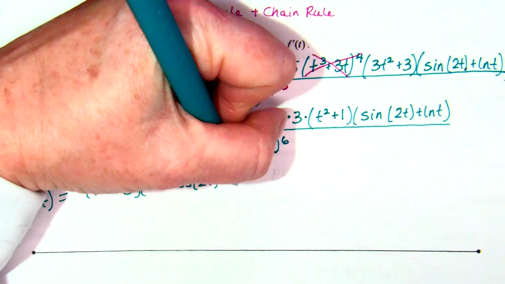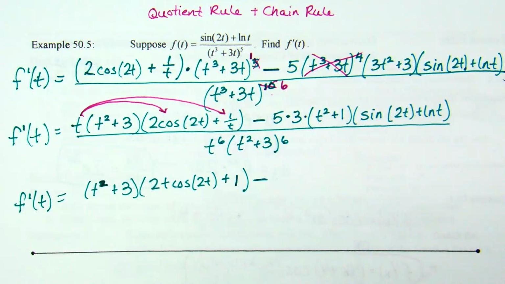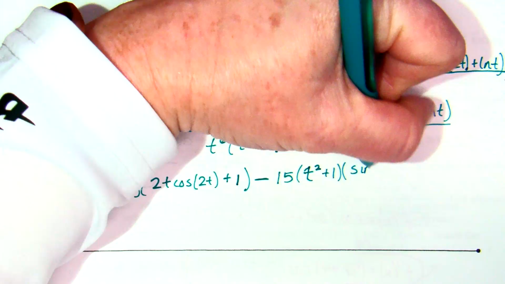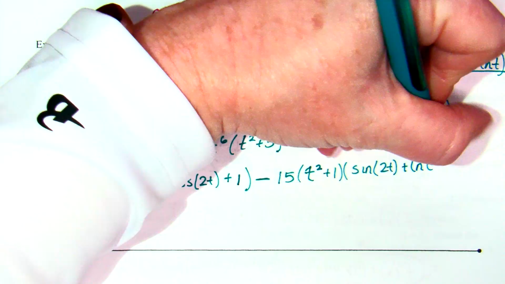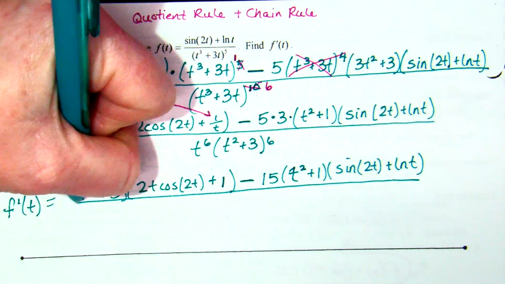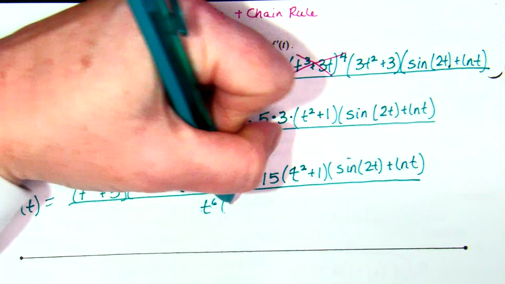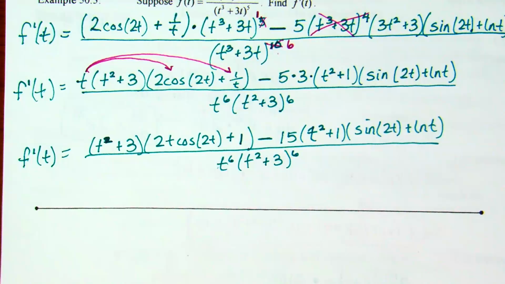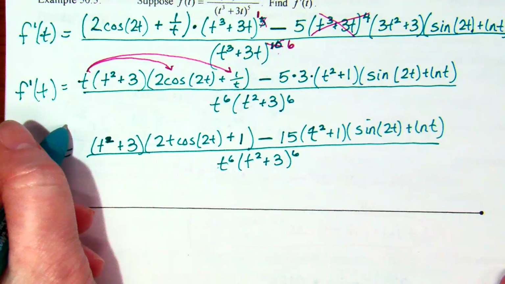Minus 5 times 3 makes it 15 times t squared plus 1 times sine of 2t plus natural log of t, all over t to the 6th times t squared plus 3 to the 6th. That's how I have my final answer written.